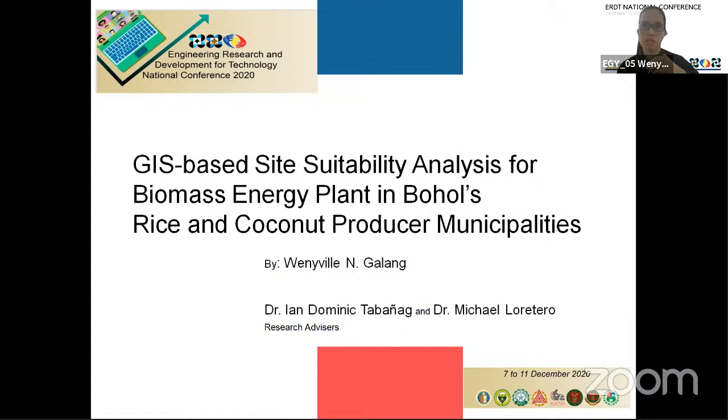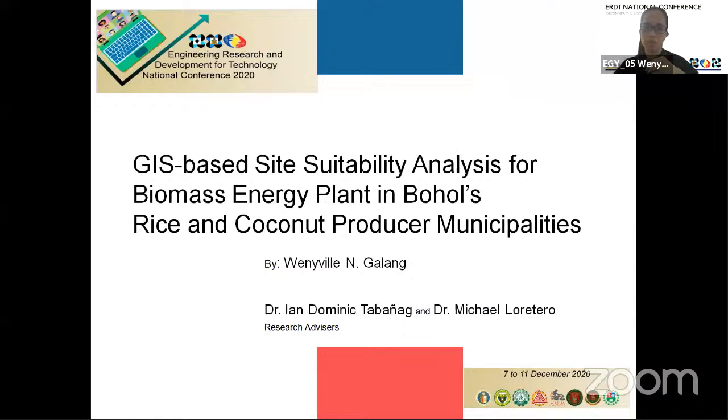Okay. Since the approach is considering multiple criteria, questionnaires were actually given to people concerned, the people in the municipality, the farmers, the environmentalists, and they were given different selections from which they were going to choose.